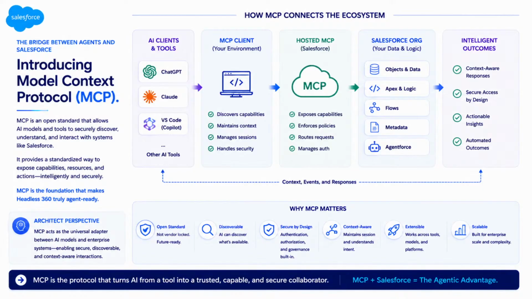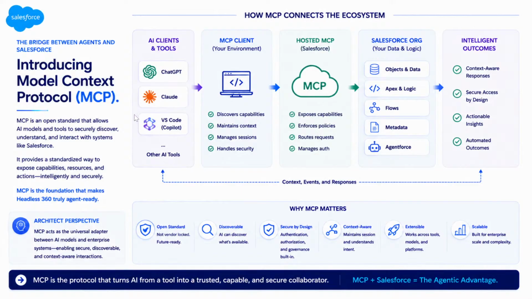If you want to interact through, say, four different AI tools, and you have to continuously keep setting up those integrations, it will become overwhelming. That is where the concept of MCP comes into the picture.